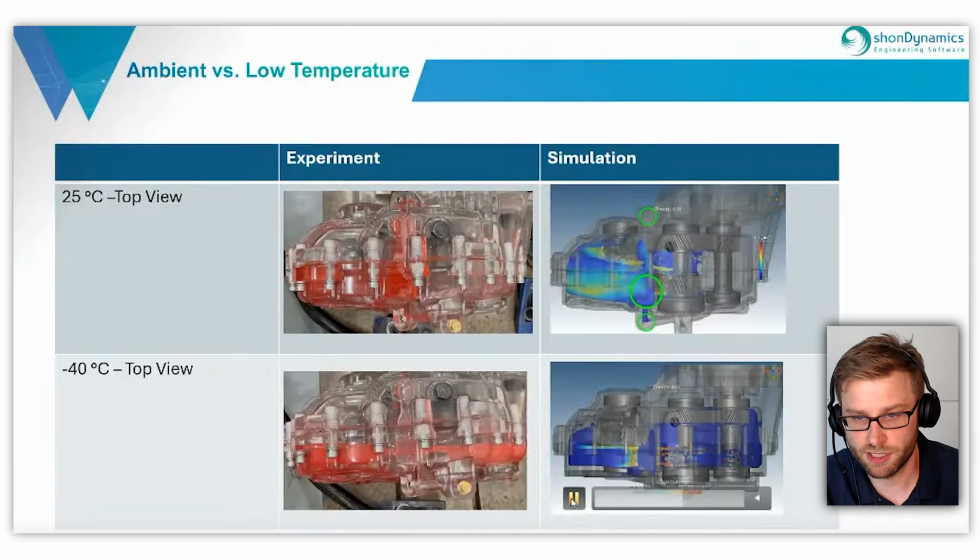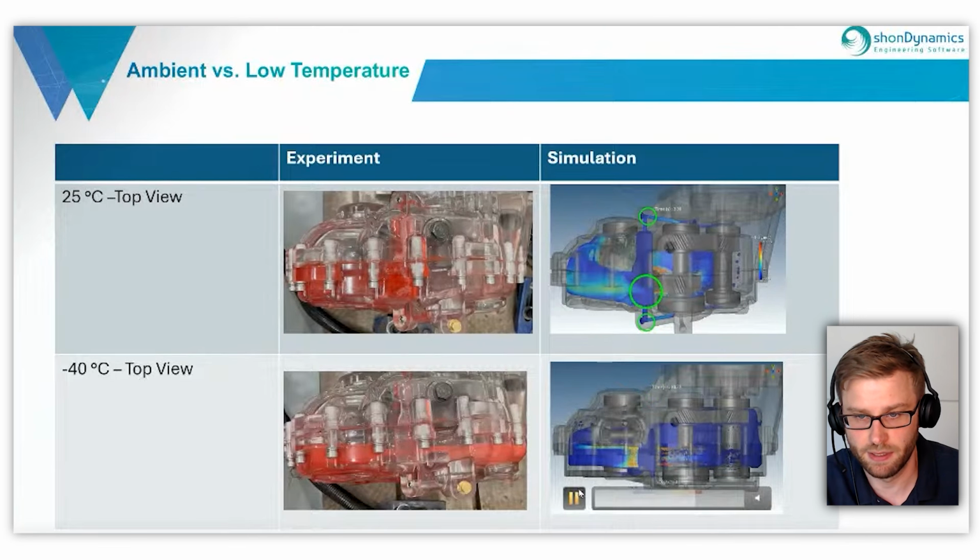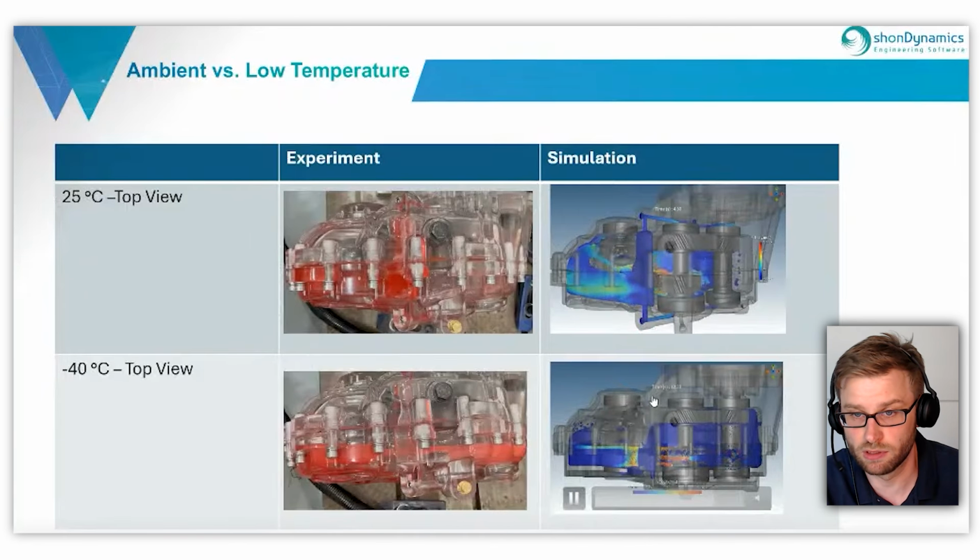And in the simulation, at the beginning, we get a little bit of fluid, but in the later stage of the simulation, we don't get any more fluid into the pool. So also the channels don't get filled by lubricant.